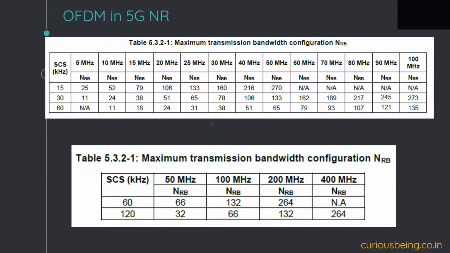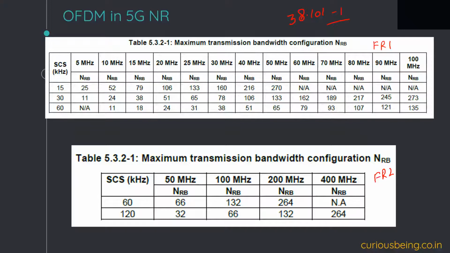Okay, so this is another table, taken from 38.101-1. But what does it tell us? First of all, in 5G, I think some of you may be familiar that we have two frequency ranges: this is FR1, this is FR2. But I'll not go into much complexity of this.